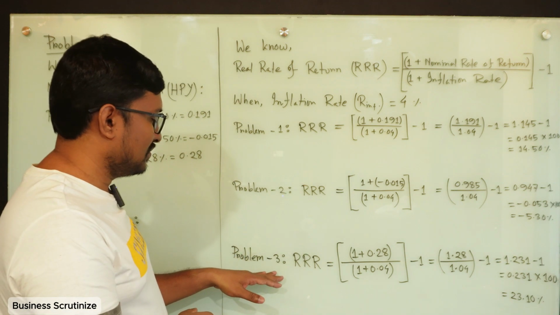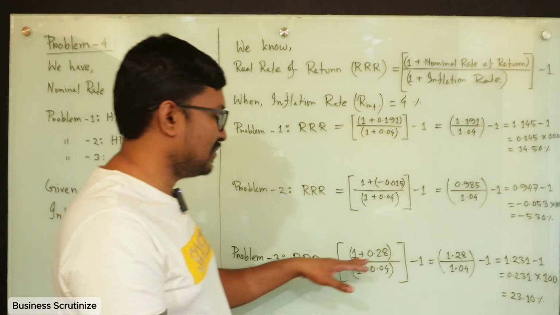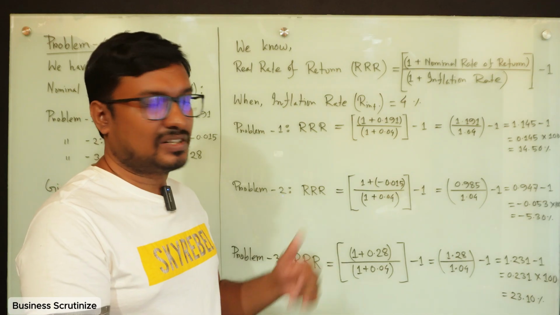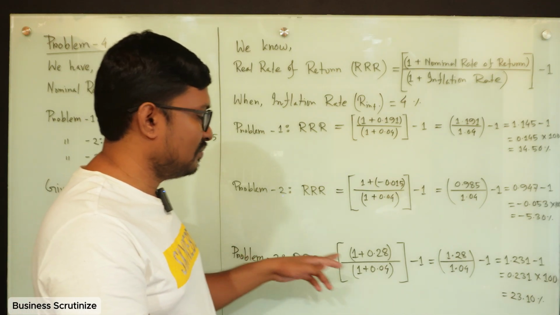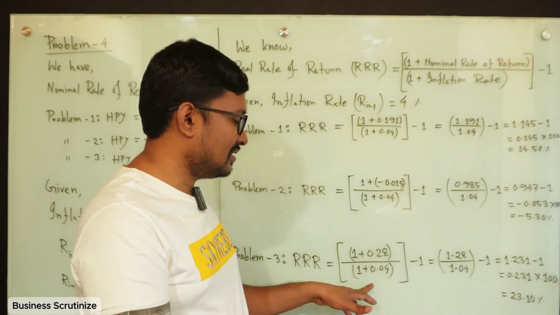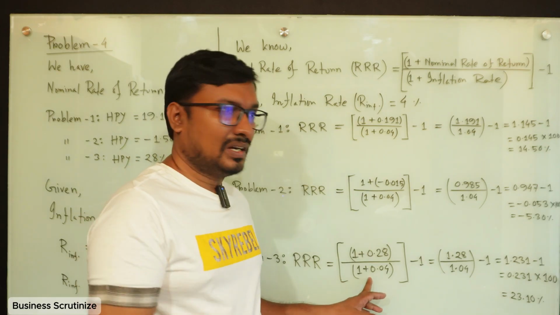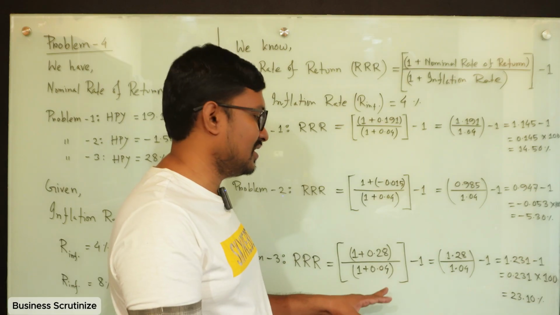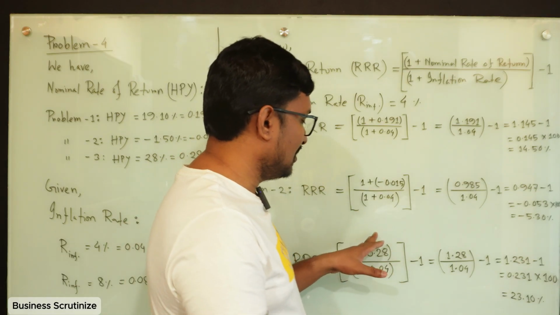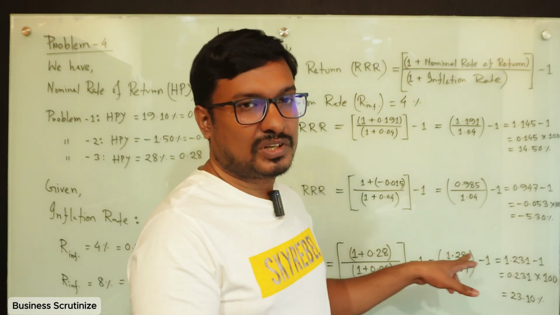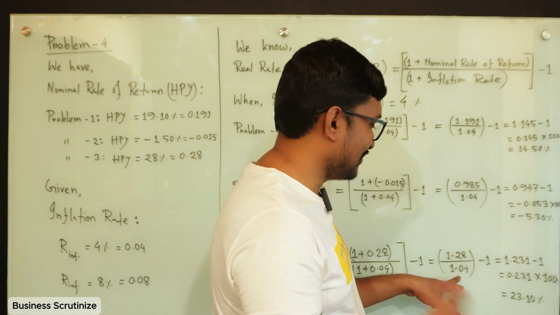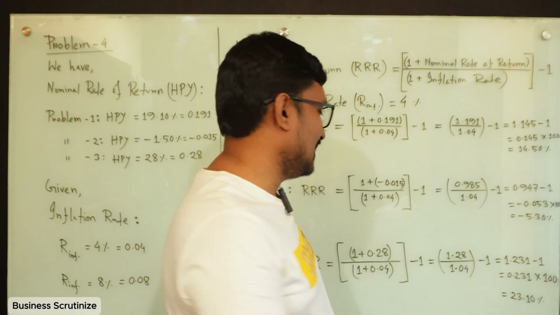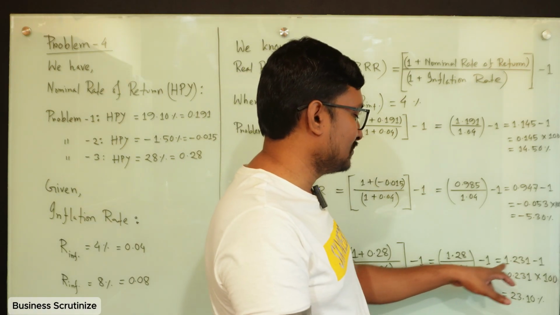And lastly, problem number 3. For the real rate of return, we just replace the nominal rate of return, where we have 28%, so we write 0.28, and divide by the denominator 1 plus 0.04, the inflation rate, minus 1. In the numerator, if we sum, we can write 1.28, a very simple issue. We divide it by 1.04 and subtract 1.